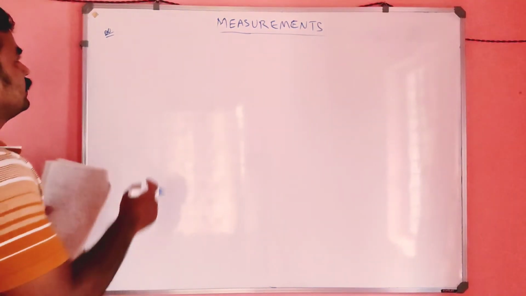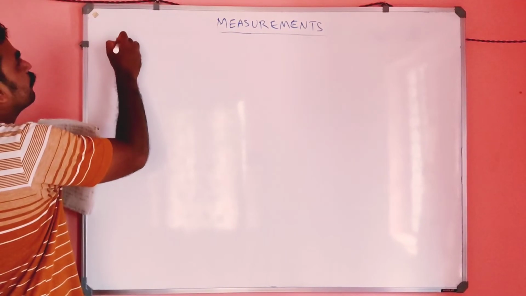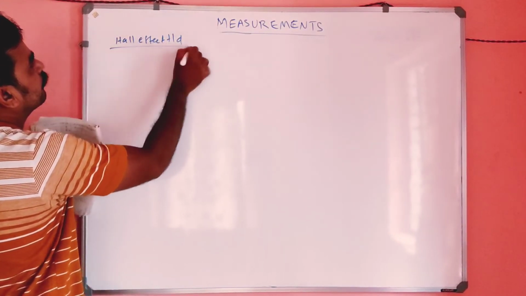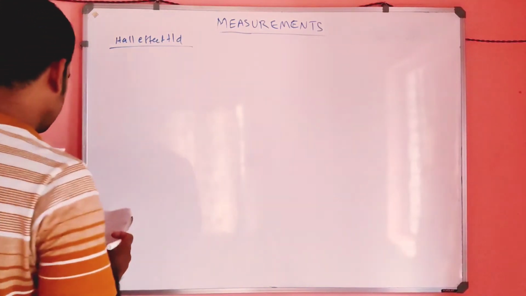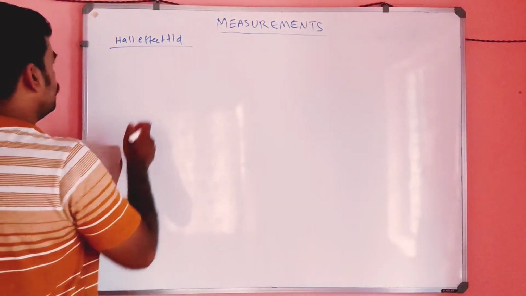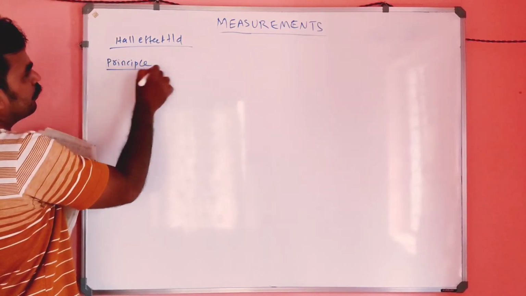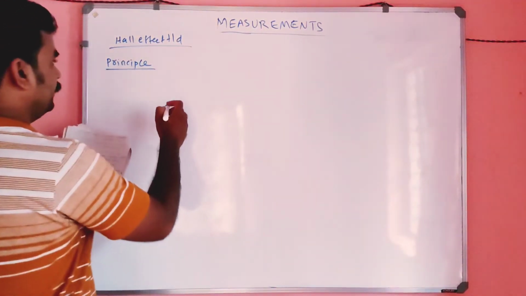Next, Hall effect transducer. T bar D means simply transducer, okay? Principle.